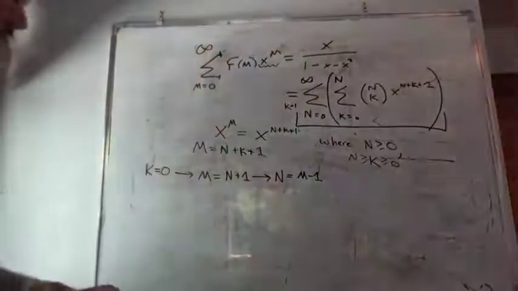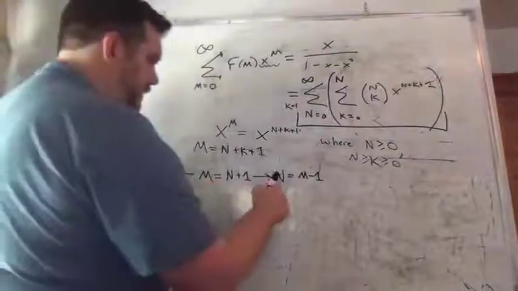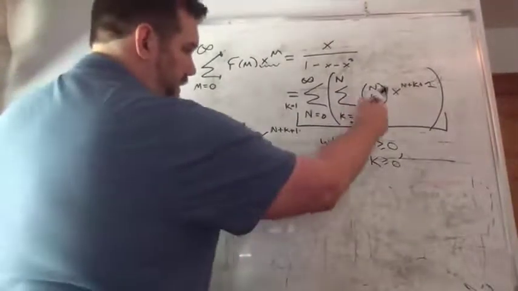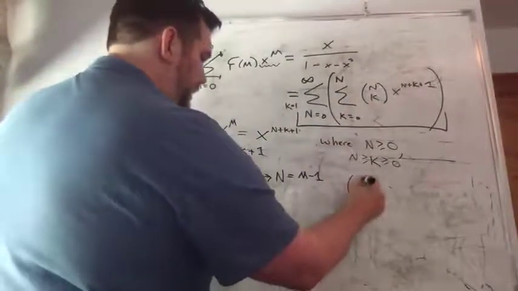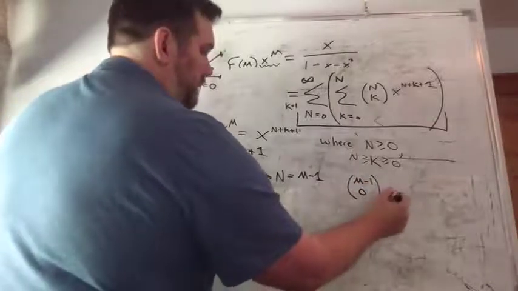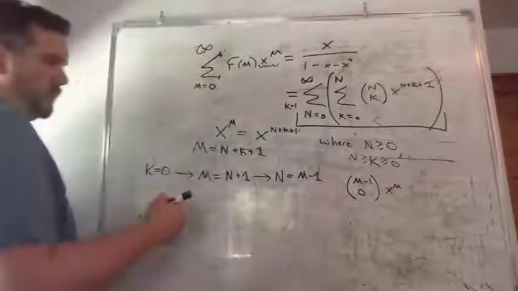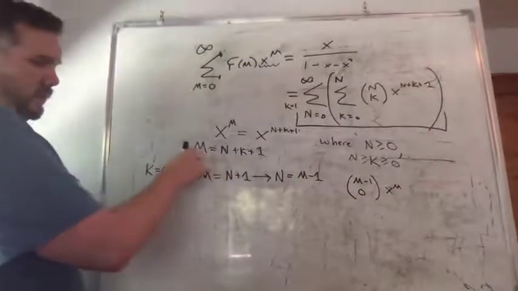And so in this case, in this summation, you're going to have an m minus 1 choose 0 times x to the m term. Because remember, we're assuming the only way we can get this is if we're dealing with an x to the m.